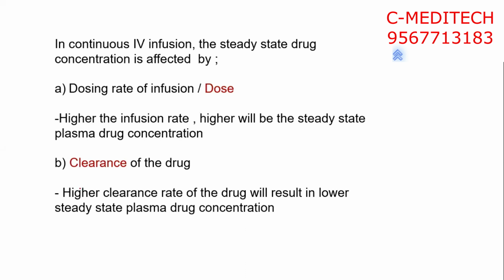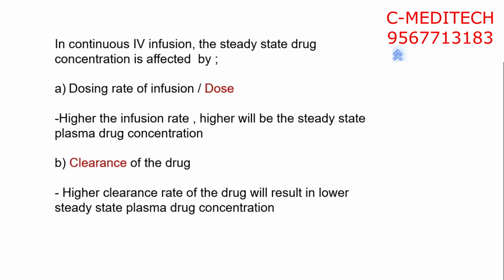And the clearance of the drug would be inversely proportional. If the clearance rate is higher, then they would have a lower steady state plasma drug concentration, since more of the drug would be cleared from the circulation, so they would have a lower concentration of drug in the plasma.